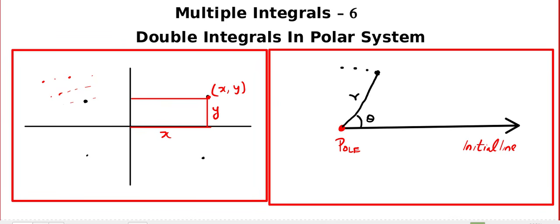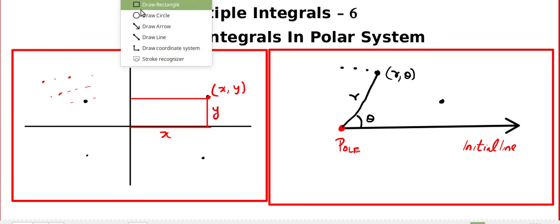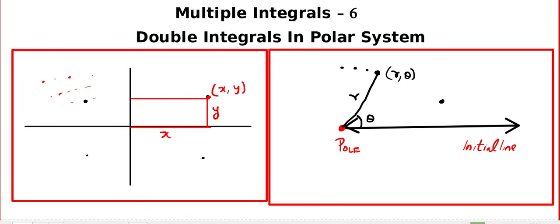So every point comes with a representation r comma theta. If you want to locate this point, all you have to do is measure the distance from the pole, and then measure the angle starting from the initial line, and that's it. The name will be called r comma theta.